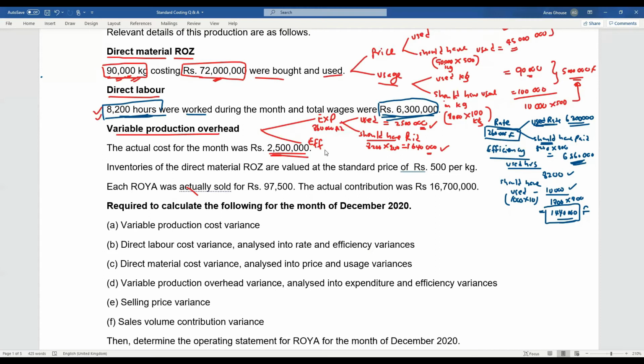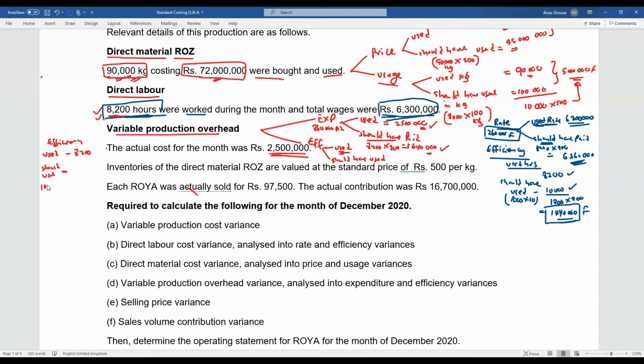Now the efficiency variance also concerns how many hours we have used and how many we should have used. Hours used: 8,200, as given here. How much should we have used?